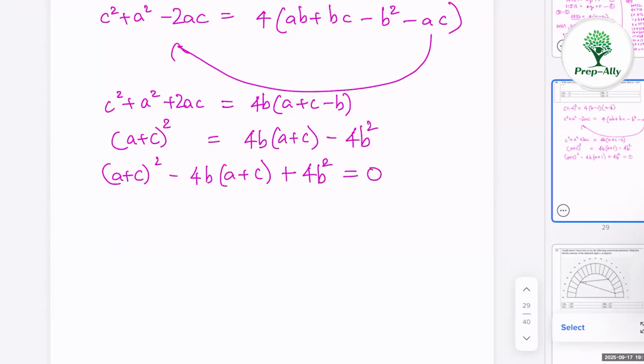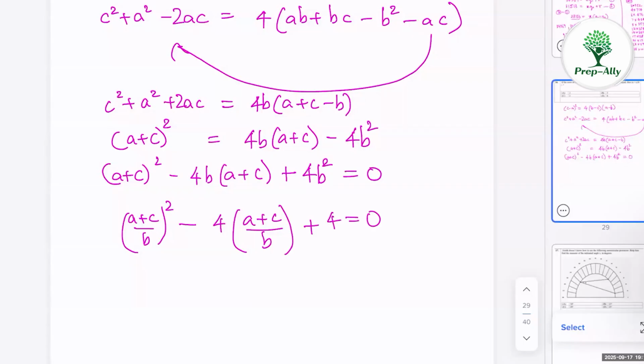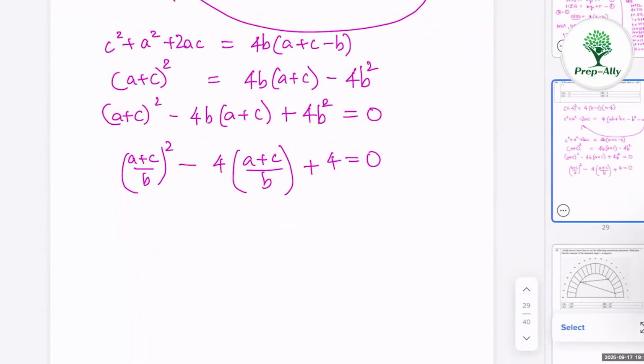Now let's divide the whole equation by b². So we get ((a + c)/b)² − 4((a + c)/b) + 4 = 0.